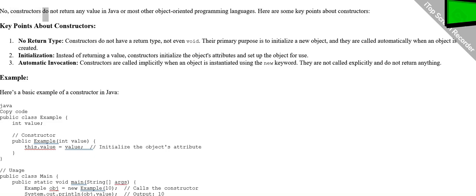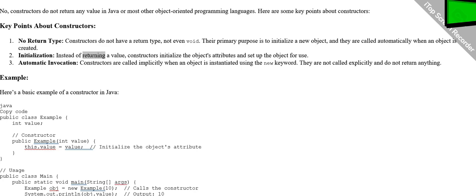No, constructors do not return any value in Java or most other object-oriented programming languages. Here are some key points about constructors. No return type. Constructors do not have a return type, not even void. Their primary purpose is to initialize a new object, and they are called automatically when an object is created.